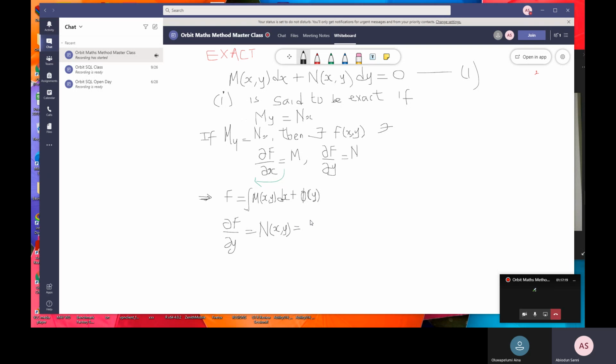And that is going to be d/dy of the integral of M of x comma y dx. If I differentiate phi of y with respect to y, I will have phi prime of y.